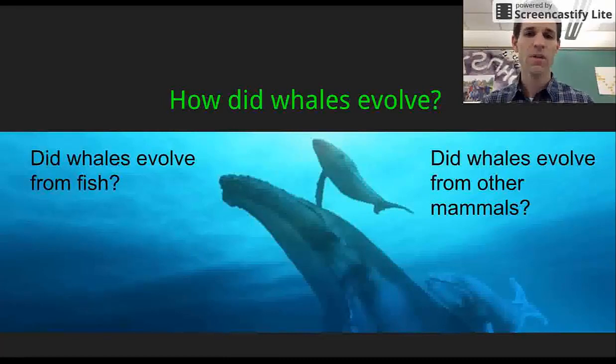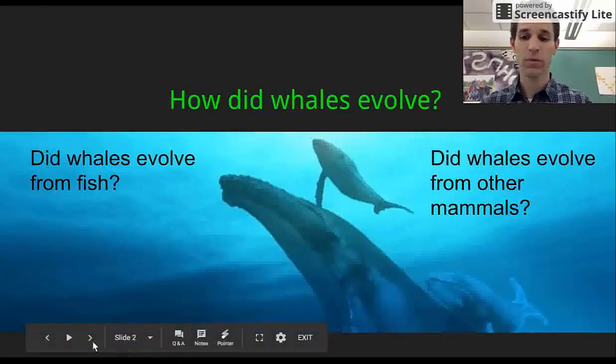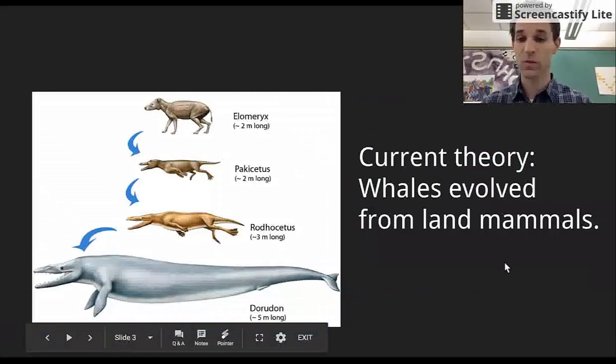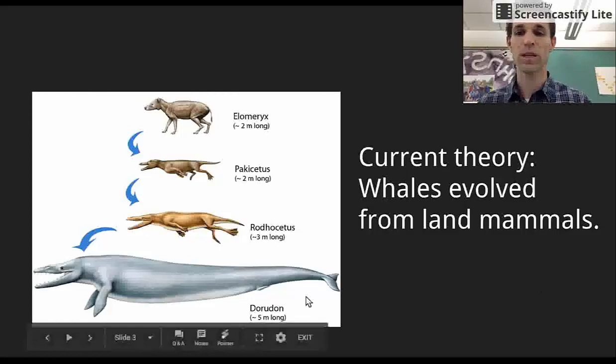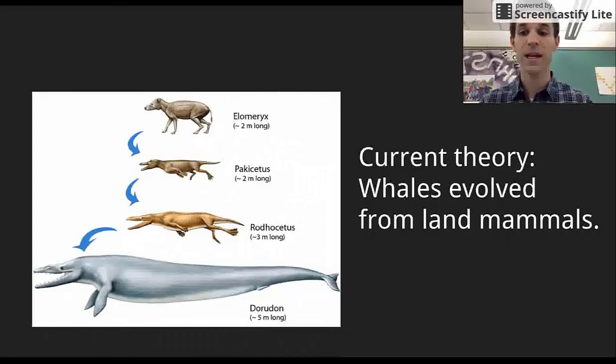And of course, the current theory is this one right here, which is that whales evolved from land mammals. And if we look at the evidence, this is the conclusion that we come to. We have evidence that there was an ancient mammal of some kind, the Elomyrix, something like that.